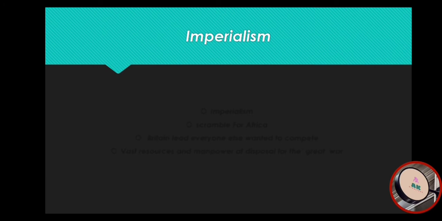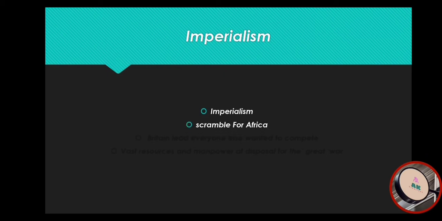Okay, then imperialism. When you say imperialism, Britain will come to mind. Why? Because more than 25% of the world was ruled by Britain. The British, obviously, had that idea and knew how to conquer and how to defeat.